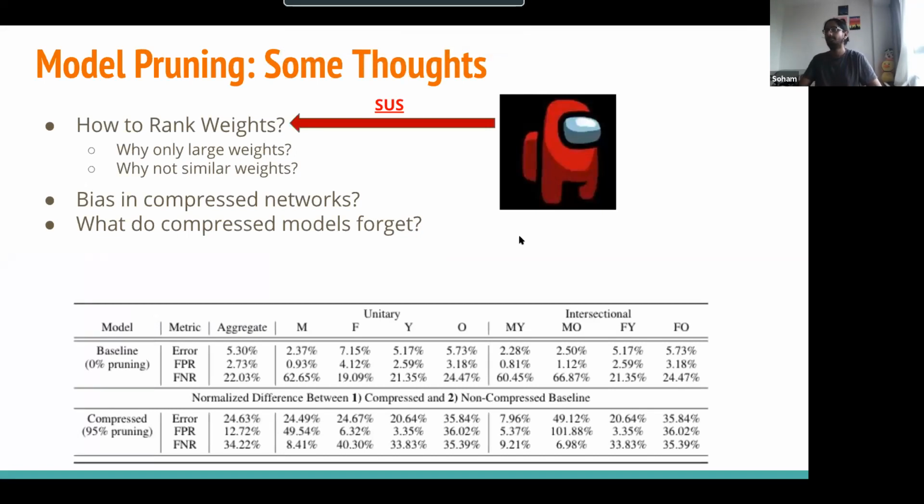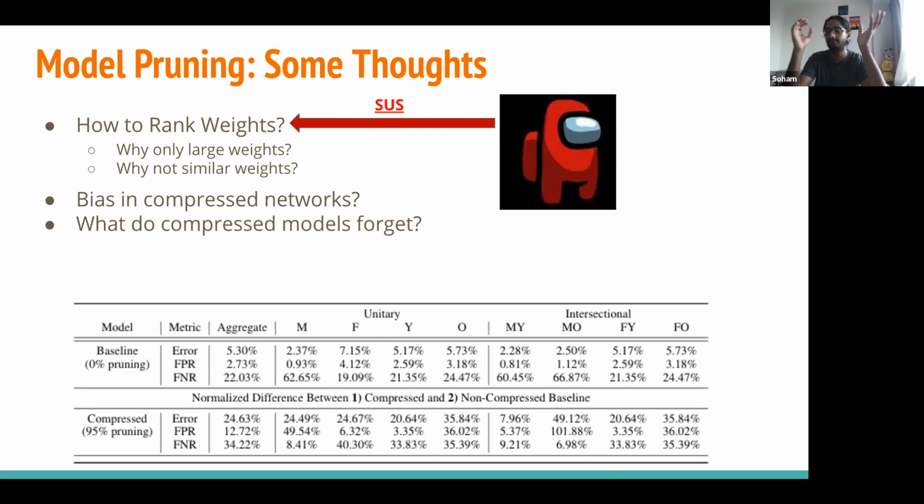So the next thing that I wanted to talk about was some of my thoughts about pruning. The first thing that I have a problem with pruning is how we do the ranking of the weights.